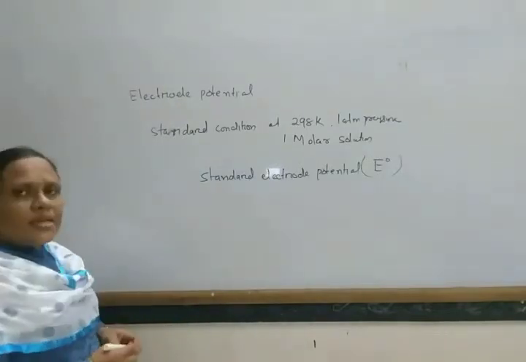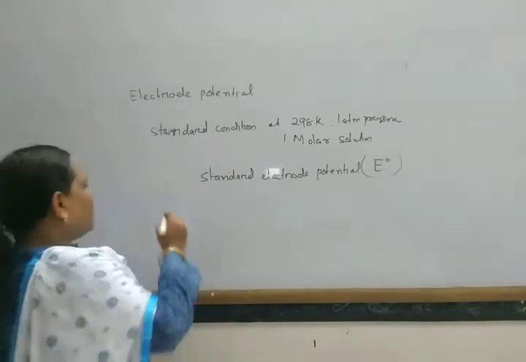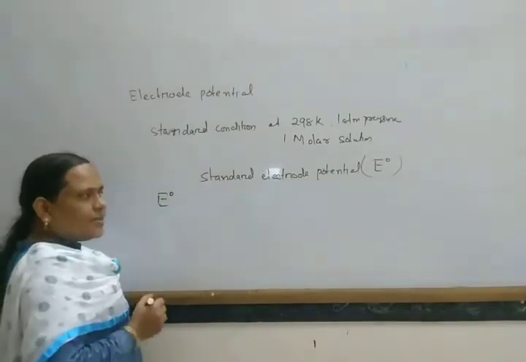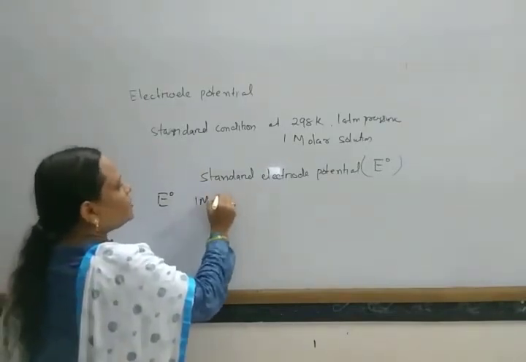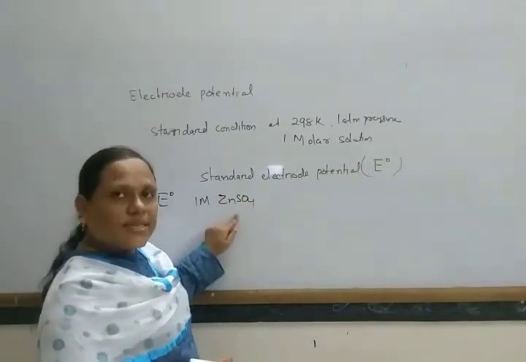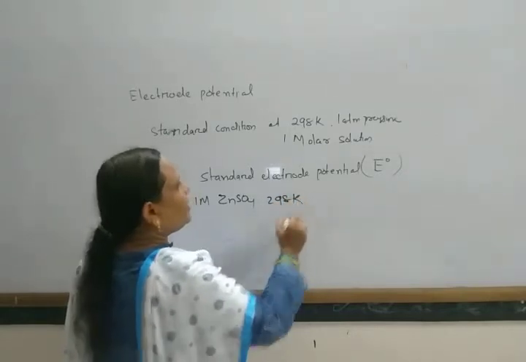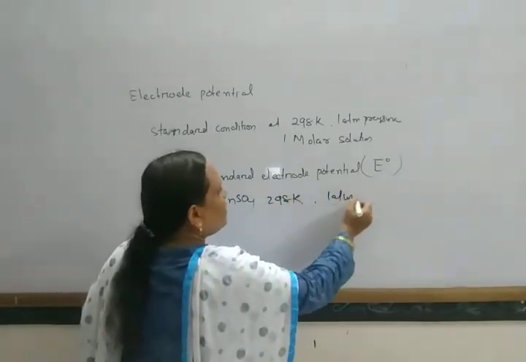Similarly, suppose you take zinc sulfate. For the standard electrode potential E naught of a zinc electrode, you have to take a 1 molar solution of Zn sulfate at 298 Kelvin and 1 atmospheric pressure.